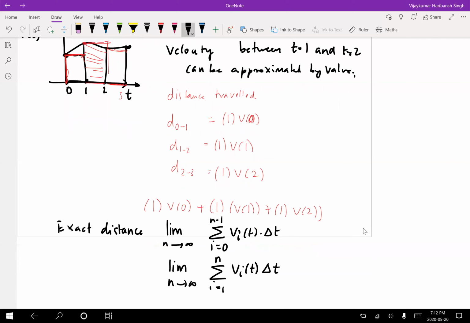So these are the two ways to find out the exact distance traveled. Right?